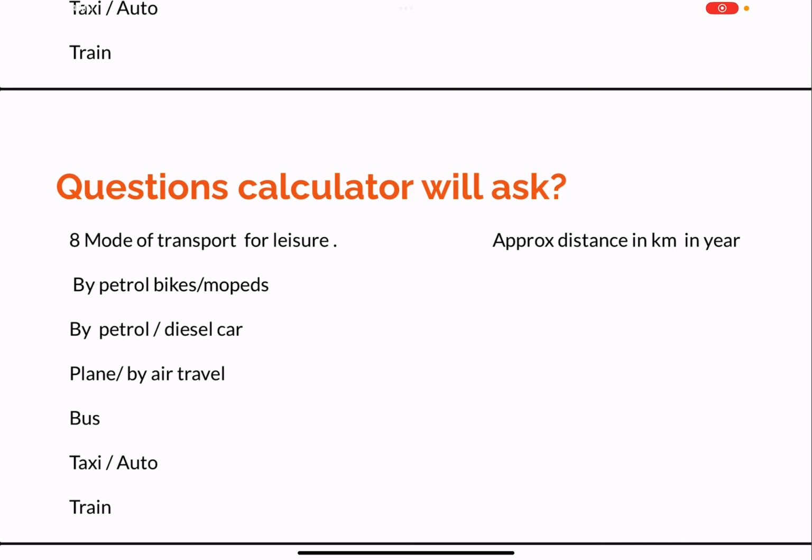So for any information wherein the role of electricity or primary fuel is there, those questions should be asked by the calculator to the user, and with that data, the carbon calculator would calculate the carbon footprint. Okay, so this is very important for the designer to ask the right questions.